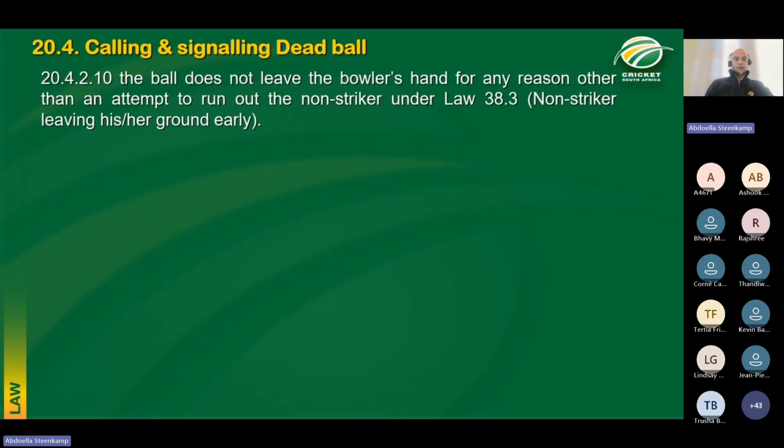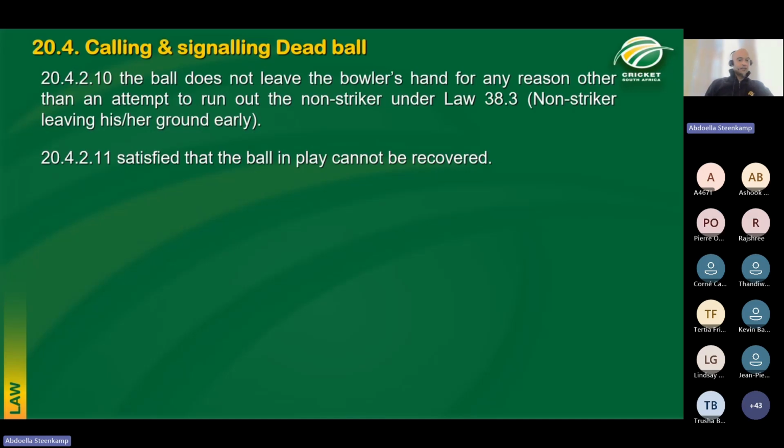If for whatever reason the bowler decides not to deliver the ball, you need to intervene by calling and signaling dead ball. So the ball does not leave the bowler's hand for any reason.